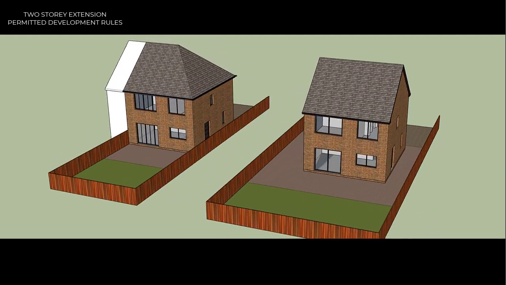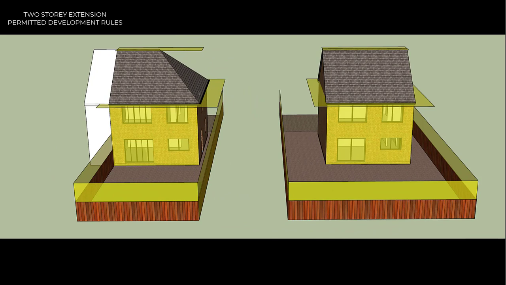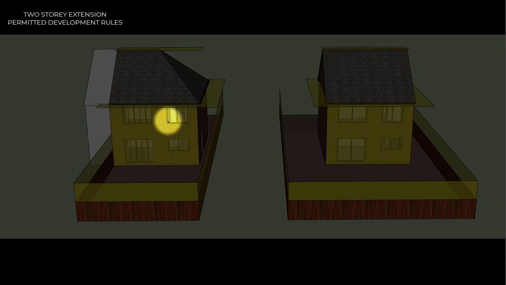If we focus on the rear elevation, if I highlight the relevant parts which will affect the rules relating to an extension. We have the rear elevation highlighted, both houses. We have the boundary line to the side and the rear. We have the eaves height, which is the gutter height, and we have the ridge height, which is the highest part of the roof.